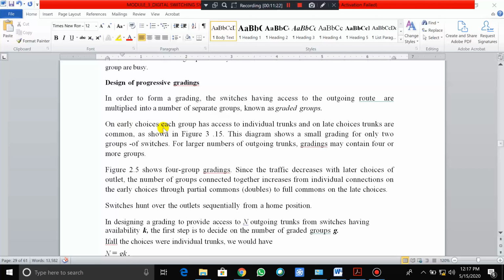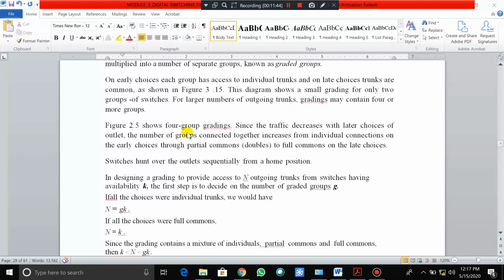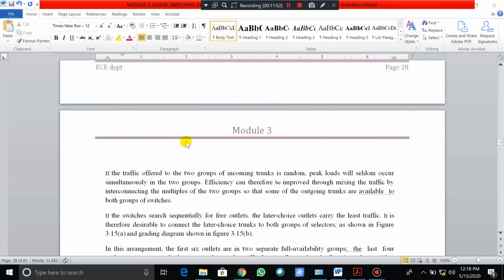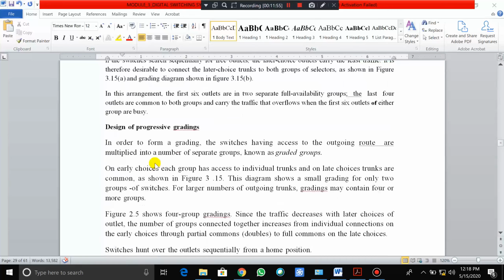On the earlier choice, each group has access to individual trunks, and on the later choice, the trunks are common, as shown in the diagram. This diagram shows a small grading for only two groups of switches. For a large number of outgoing trunks, the grading may contain four or more groups.